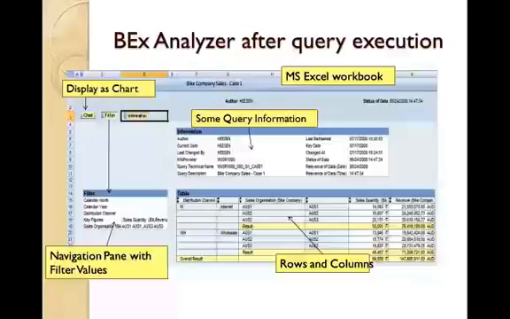Information gives you some basic information about the query, and finally the filter button allows you to open the filters that have already been created for this particular query, and then you can use those filters to analyze the data in different ways. We'll talk more about filters and other components associated with a query later on.